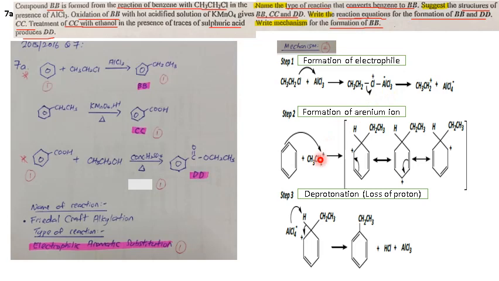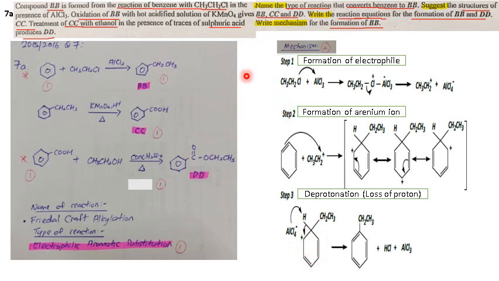Next, the electrophile attacks the pi electrons of the benzene ring, and an intermediate arenium ion is formed. Then step 3, deprotonation, meaning loss of a proton or H plus, occurs to retain the aromaticity of the benzene ring.